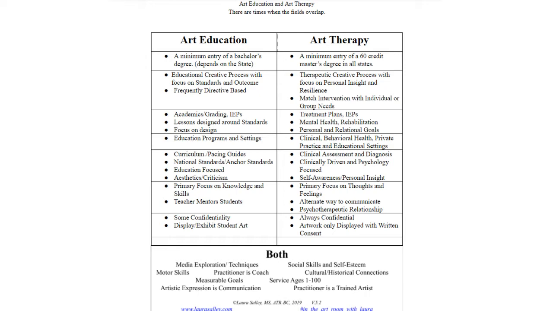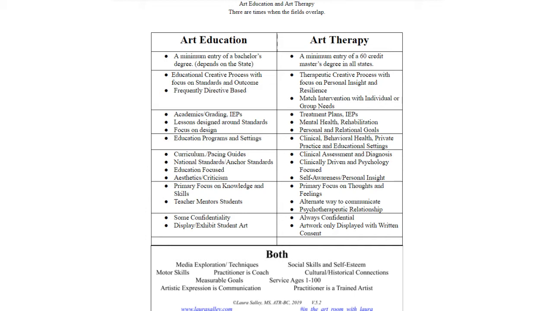And most of the work that's done in art therapy, I'd say 99.9% of it, is going to be confidential between the client and the art therapist. And artwork is generally not displayed unless there was informed consent with a signature to display prior to the production of the art pieces.